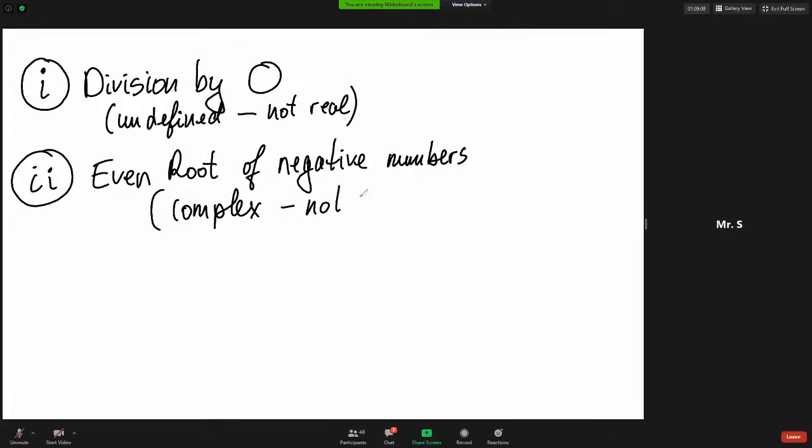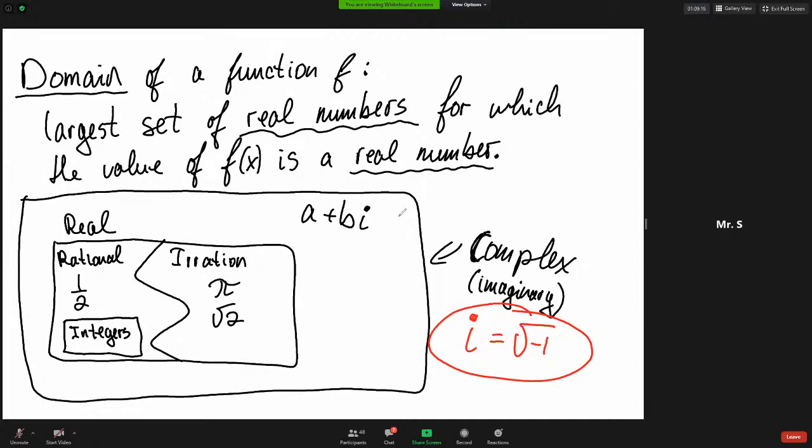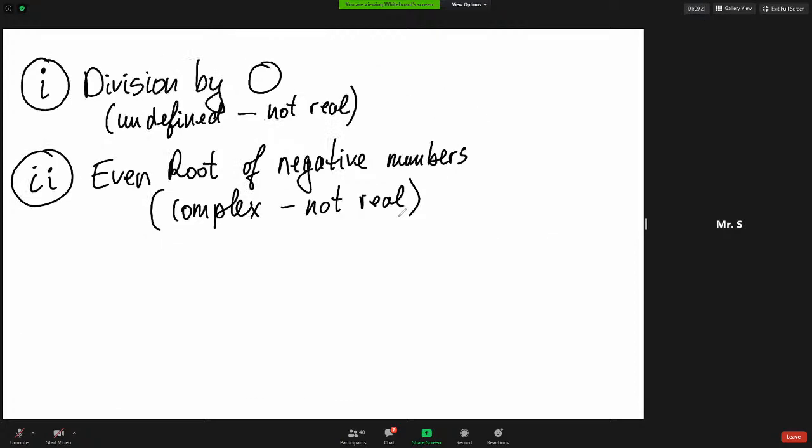Complex also means it's not real, not a real number. And for our definition, we have to have the largest set which produces real numbers. So these are the two things we basically have to watch out for. We have to watch out for a denominator having 0, and we have to watch out for square roots of negative numbers. Those parts will need to be excluded from our domain. And if nothing is excluded from our domain, then it's going to be the set of all real numbers.